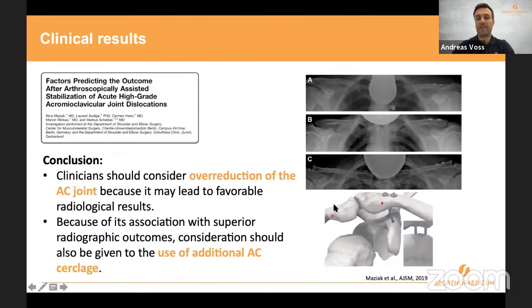So this clinical study also supports the use of the AC joint cerclage with a little over-reduction, as you can see here, A, B, and C. This is the over-reduction, this is the anatomic, and here it's a little displaced. And type A is the one which is recommended by this group.